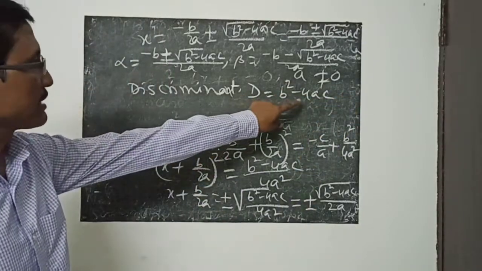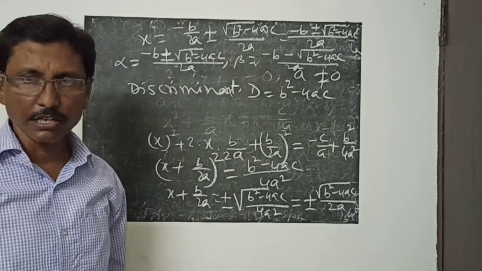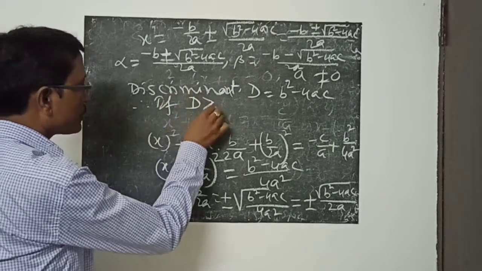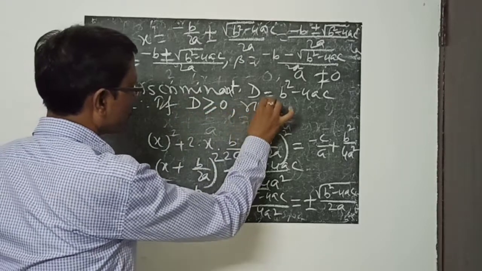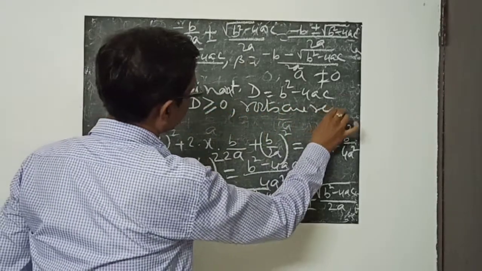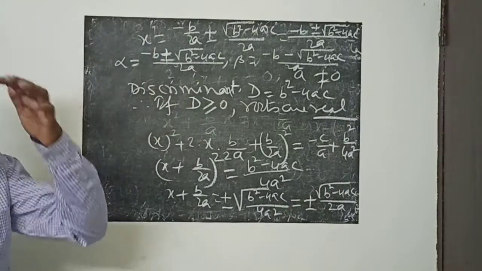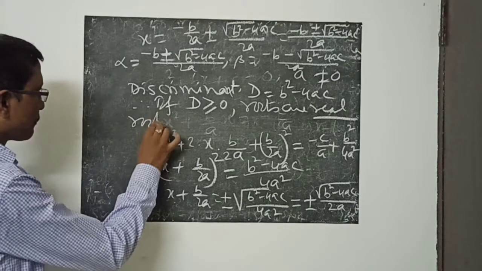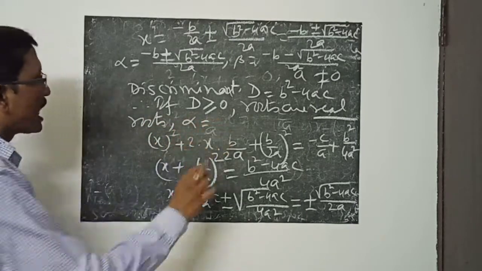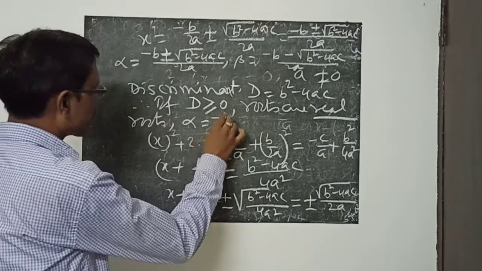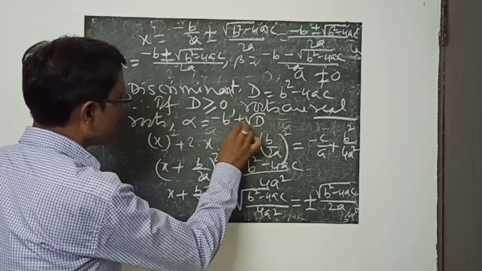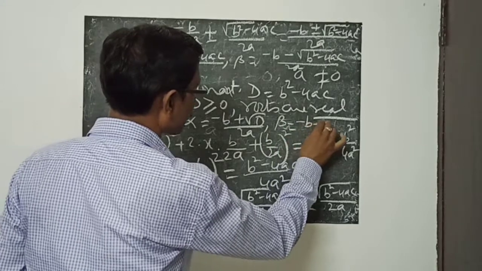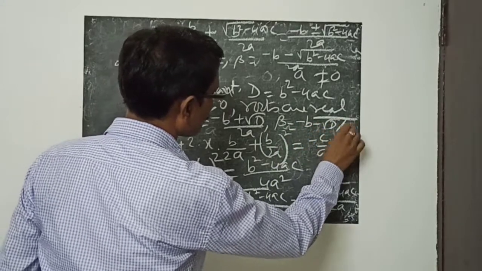If that is greater than or equal to 0, then roots are possible. So we can say if D, the discriminant, is greater than or equal to 0, then the roots are real. The roots will be, say alpha equal to minus b plus root D by 2a, and the second root beta equal to minus b minus root D by 2a.